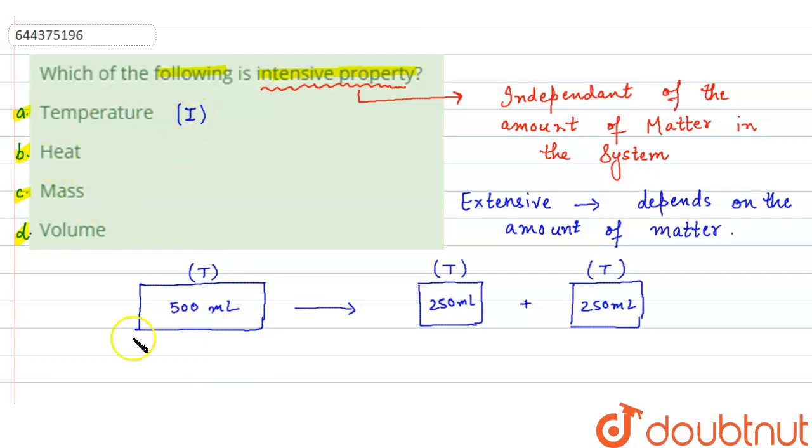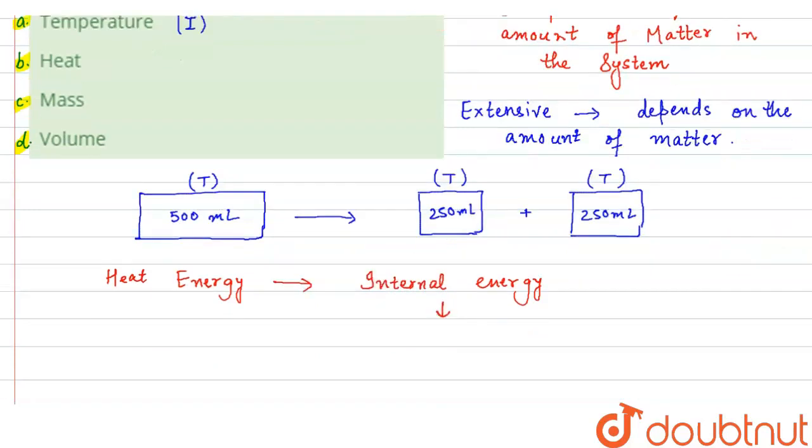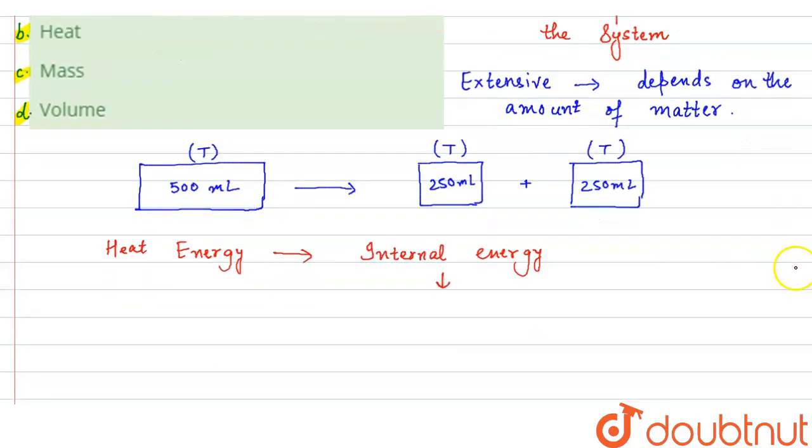Then if we discuss heat, heat energy basically tells about the internal energy of the system, right? And internal energy includes both kinetic and potential energy, and we know that the more the particles, the more the kinetic energy, or you can say internal energy.